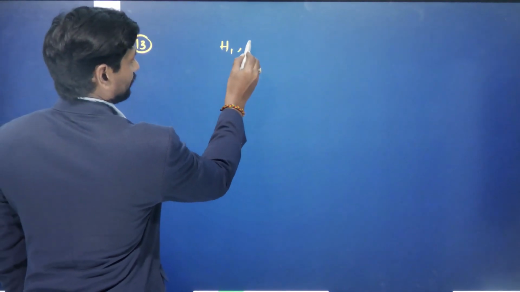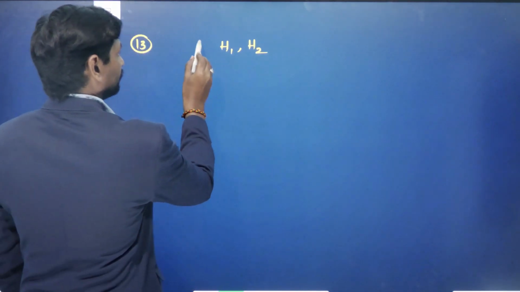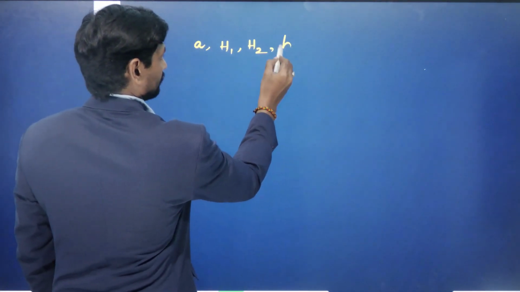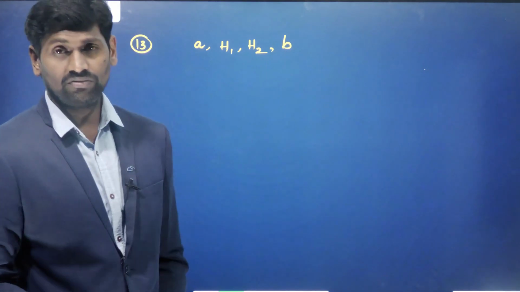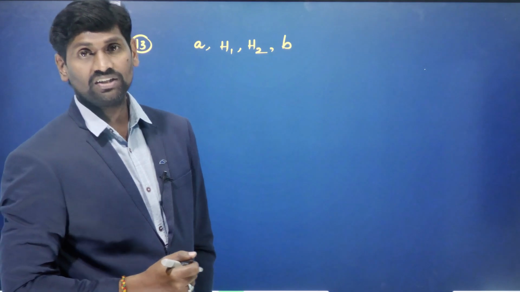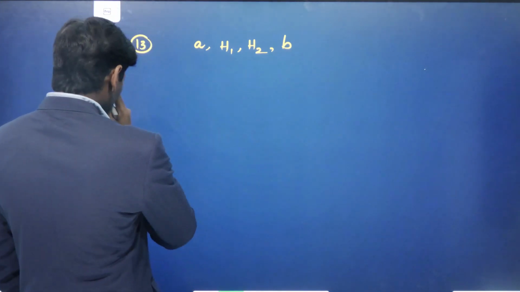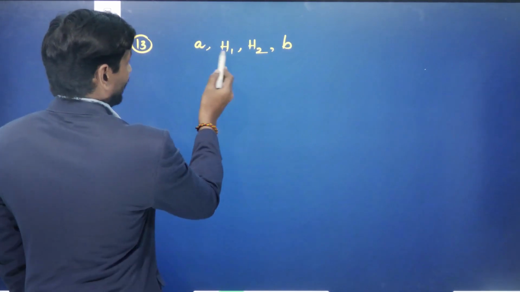H1, H2 are harmonic means between A and B, and we need to find that value. If these 4 numbers are in harmonic progression, how can we write that?